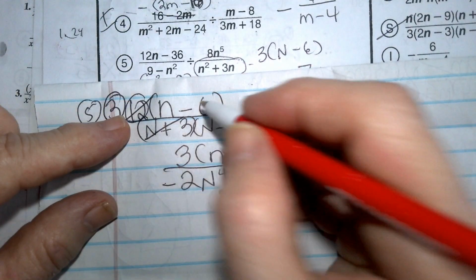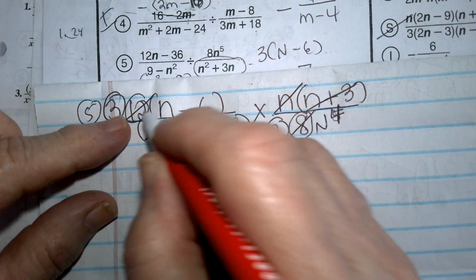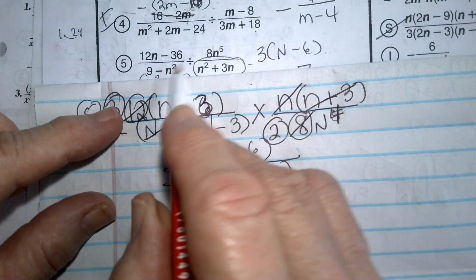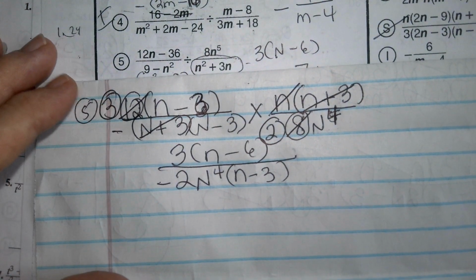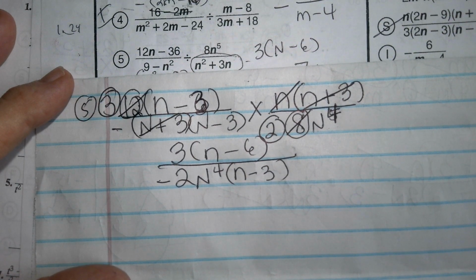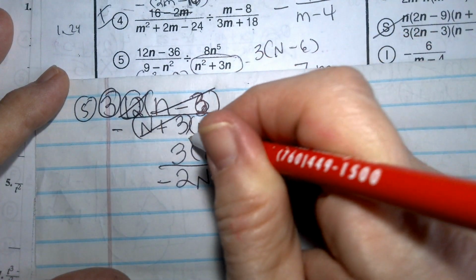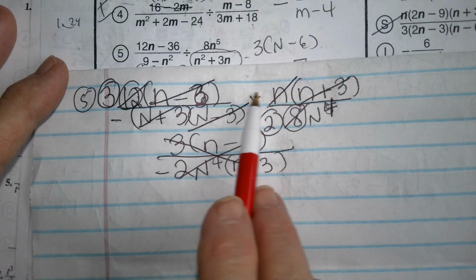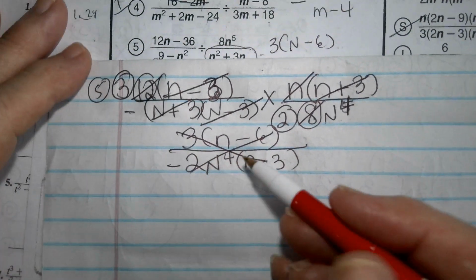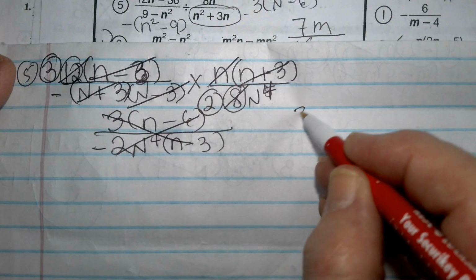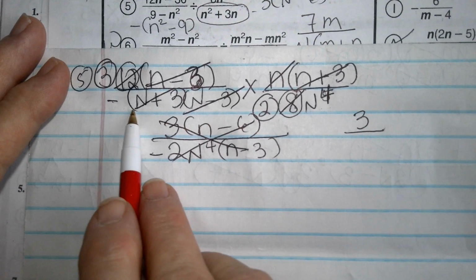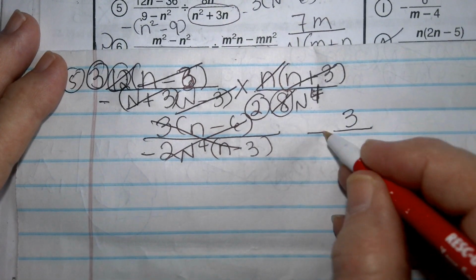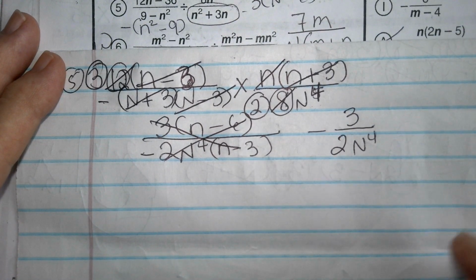So this is going to make it a lot nicer. Do you all see what I did? 12 times 3 is 36. So then what else can we cross off? N minus 3, n minus 3. So the only thing that's left is the 3 on top and the negative 2n to the 4th.